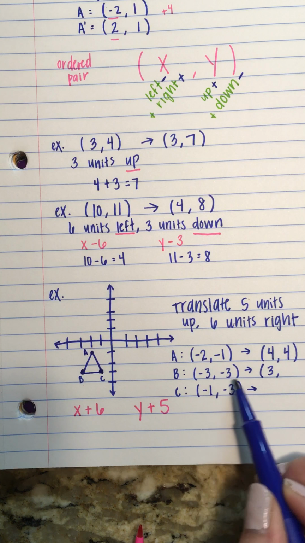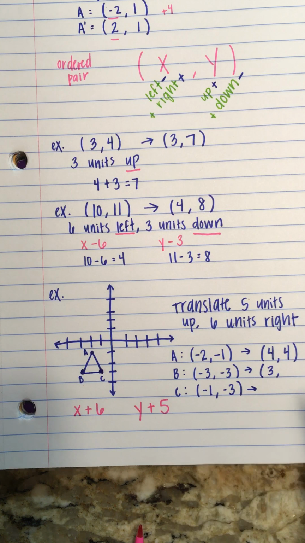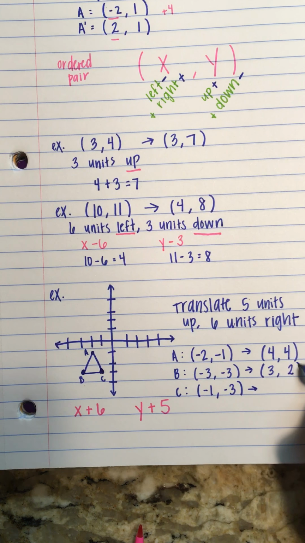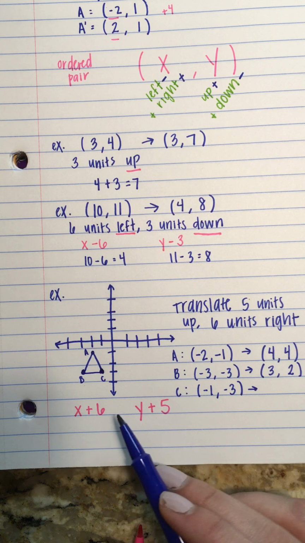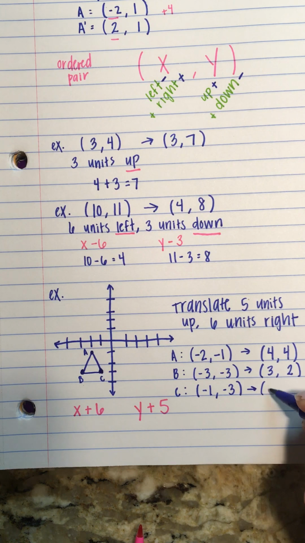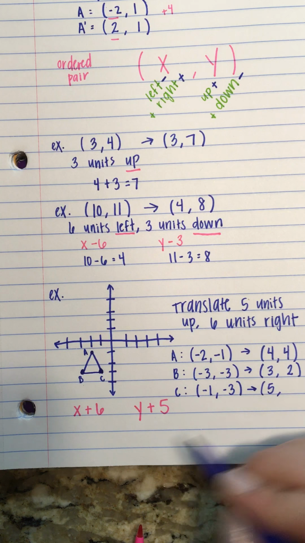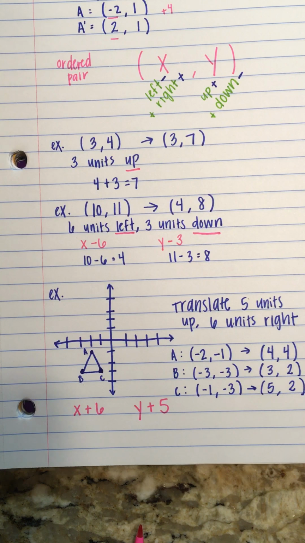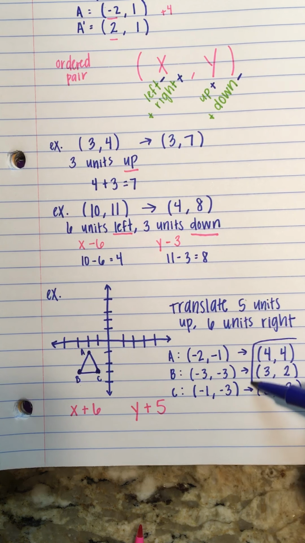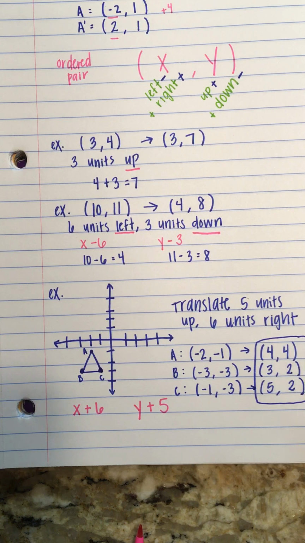My y is -3. I need to add 5. That's +2. And last up, -1 plus 6 is 5. And -3 plus 5 is 2. So these right here are my new ordered pairs.